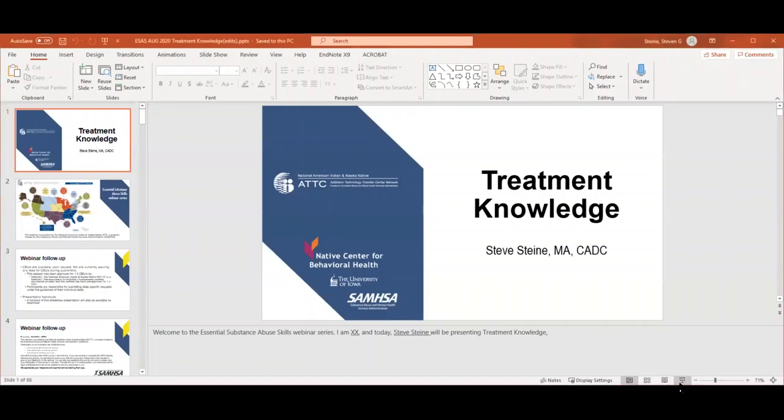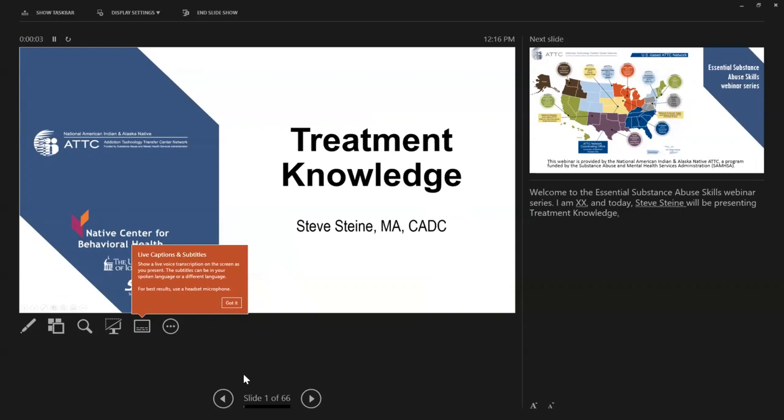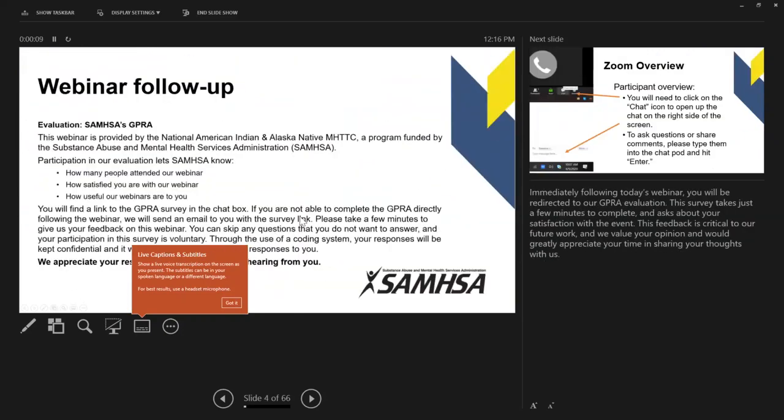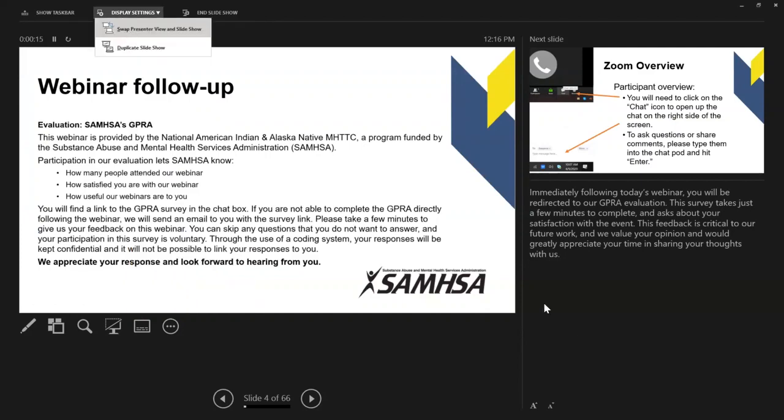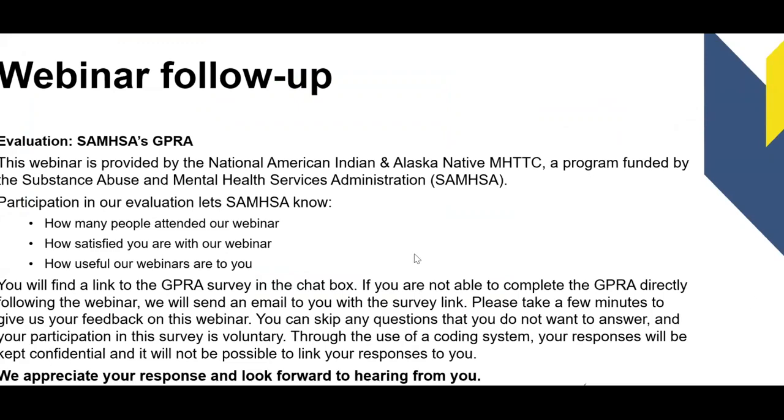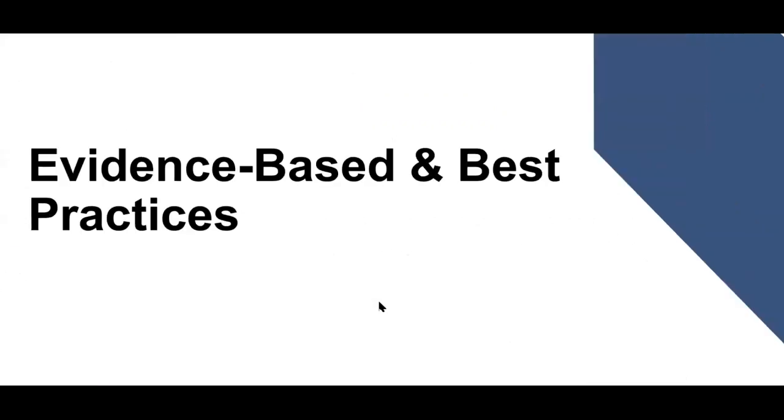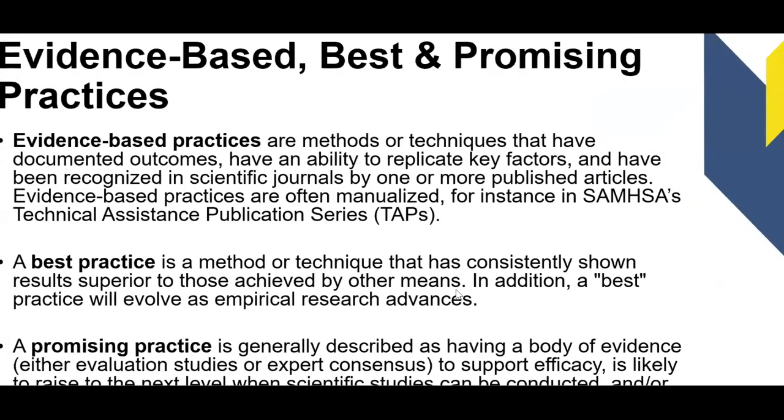When it was showing the notes, at the very top it said display settings. If you click on that arrow, you should be able to switch the view so it doesn't show the notes. There we go. Is that better? Yes, that's better. Sorry about that. I do have my screen up so I can see my notes.